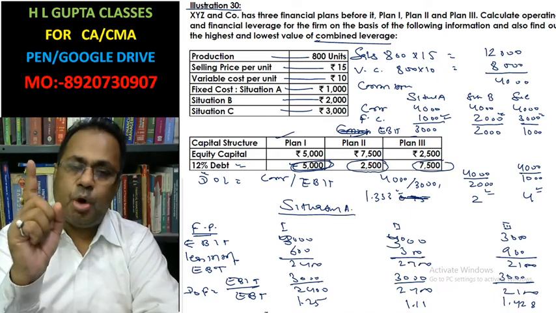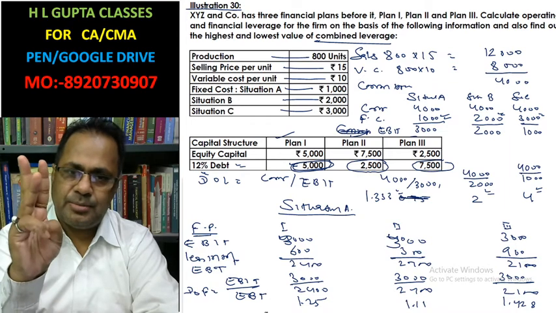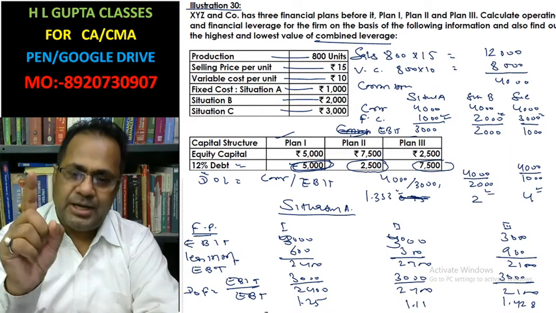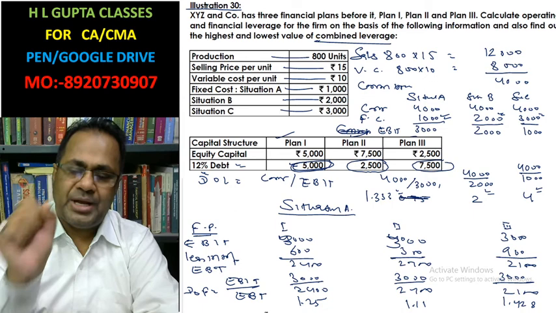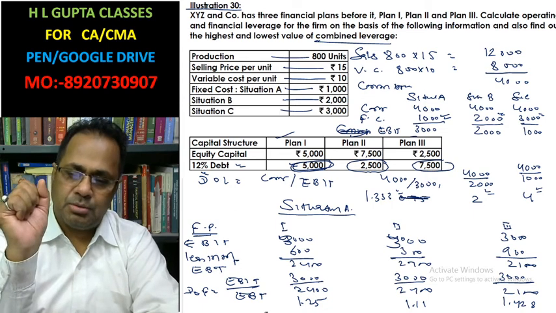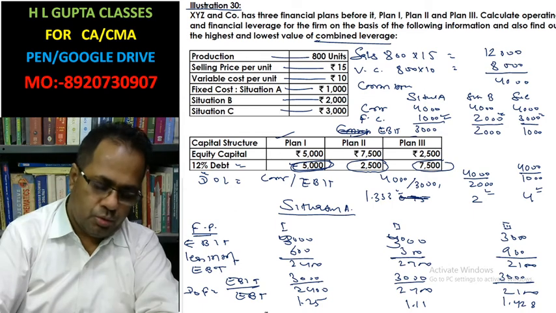For 1 degree of operating leverage, 3 financial leverages and 3 combined leverages will come.